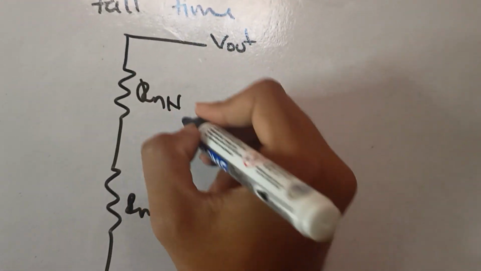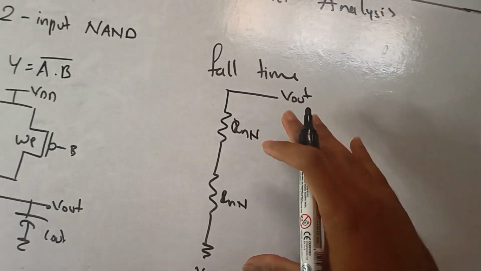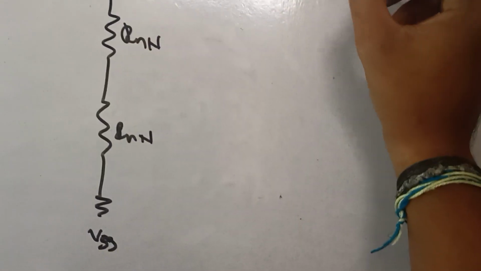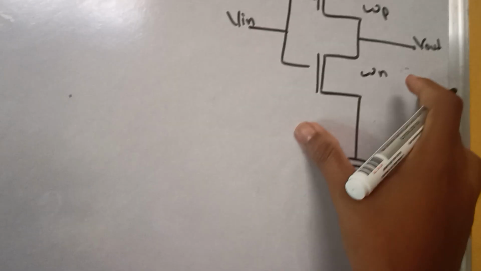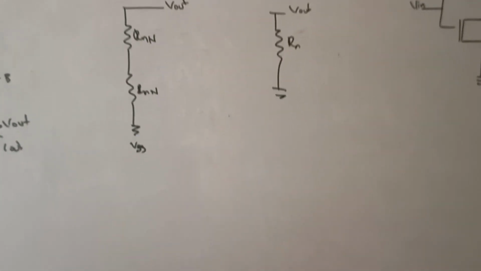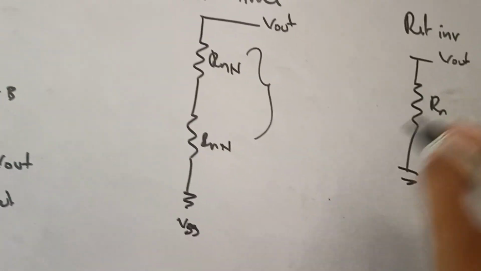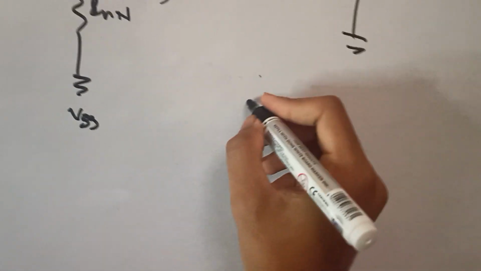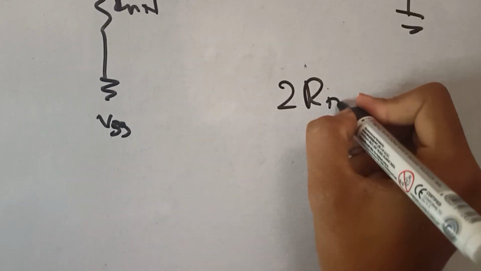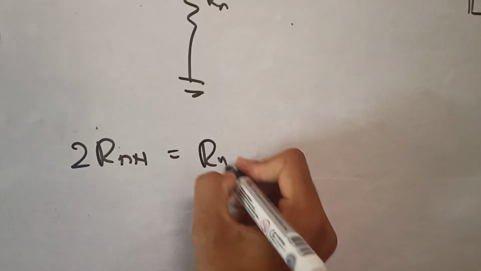So this is RNN, RNN. Now we are going to compare this N tree of the NAND gate with the reference inverter. The reference inverter also has just one NMOS, so let it be RN. This is Vout. Here we see that 2 RNN equals 1 RN. What we can say is 2 RNN equals RN.